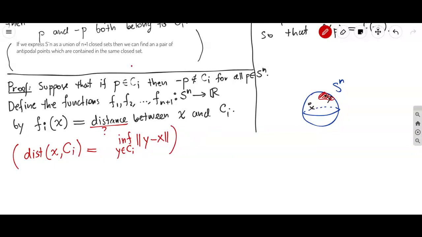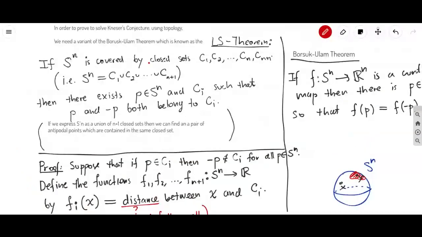This is actually the reason why we want these to be closed sets, because if these are closed sets, they are compact subsets of Sn.